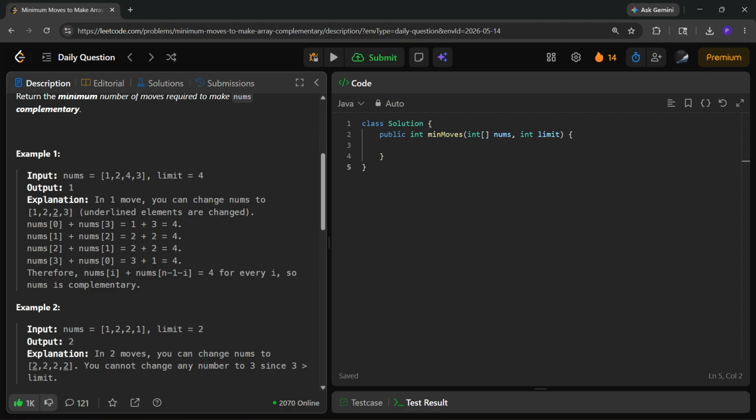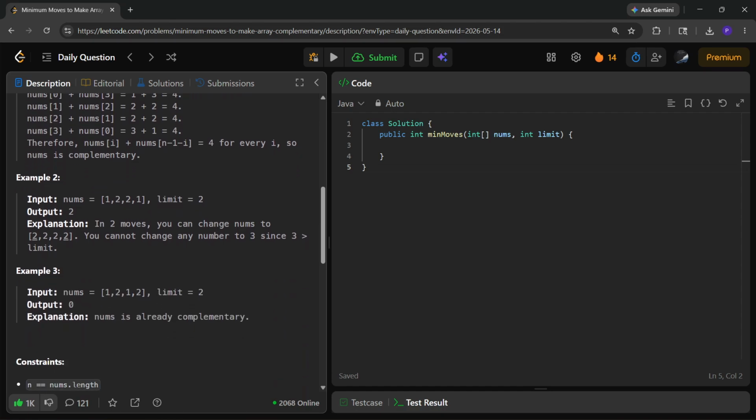It's the difference of all the digits. 1 minus 2 is 1 mod. 2 minus 2 is 0, and 2 minus 1 is 1. Another array is 1, 2, 1, 2.